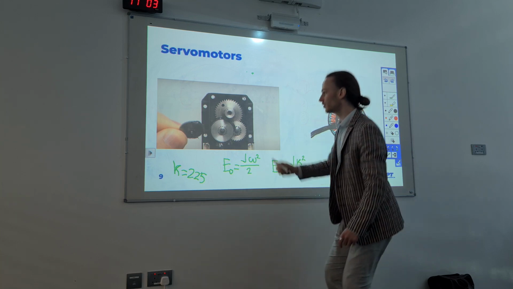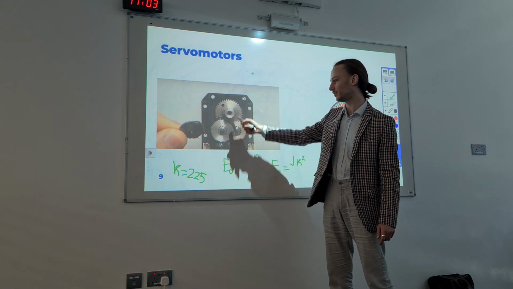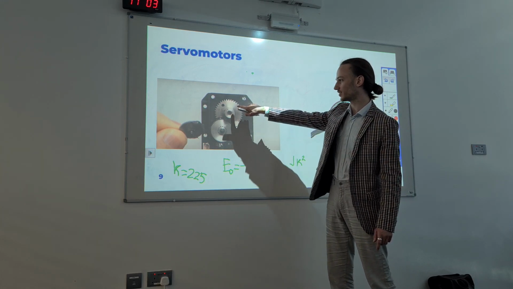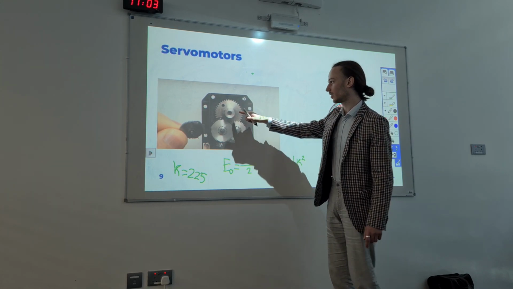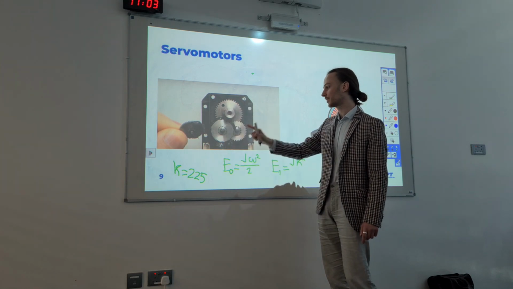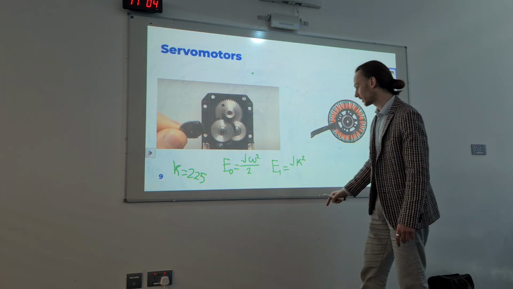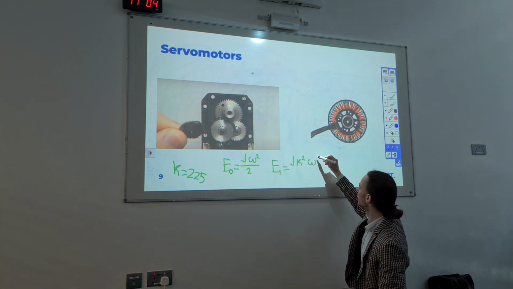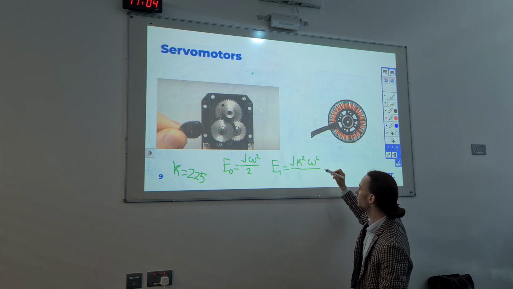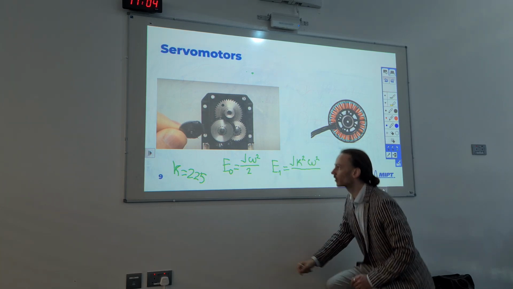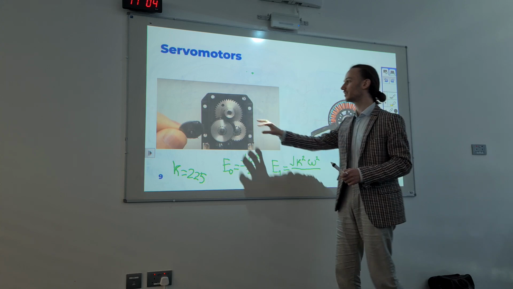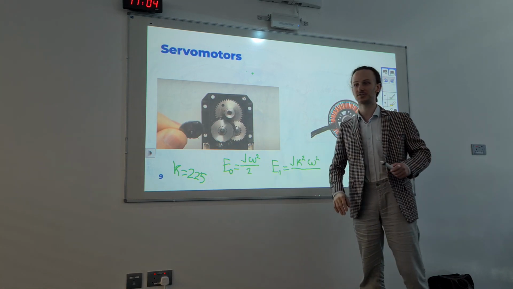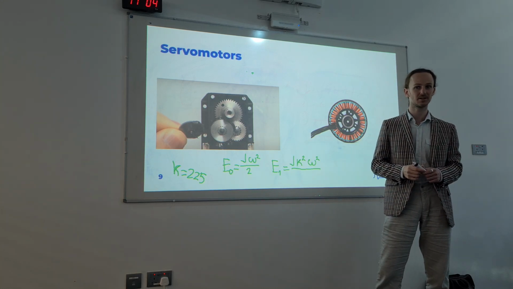The angular velocity here is k times smaller than here, and the other way around. So if we rotate this gear with an angular velocity of omega, the angular velocity here is k omega. So the energy needed to accelerate this gear to a certain angular speed is quadratically dependent on the gear ratio.